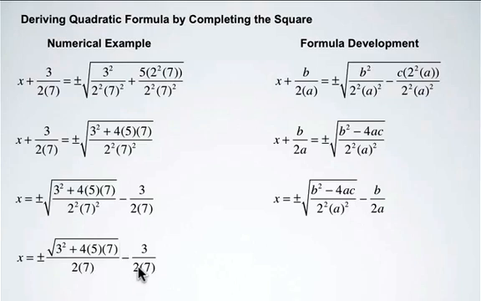Notice that the denominators on both of these fractions are the same. Here's what we get. We did the same here. 2 squared becomes 2, a squared becomes a when we take away the square root.